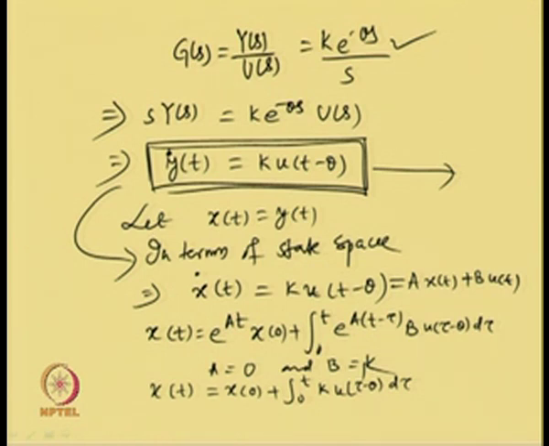Thus, the solution of the state equation can be given in this form. Let us simplify the expression further. x(t) = x(0) + ∫ from 0 to t of k u(τ - θ) dτ.